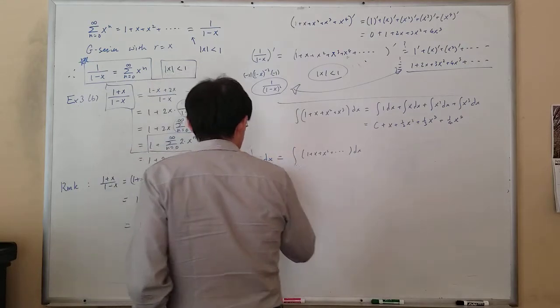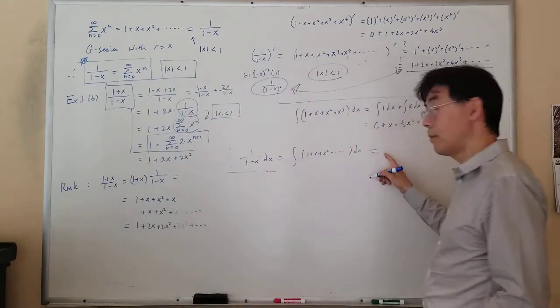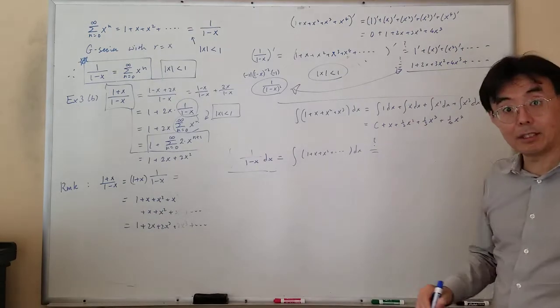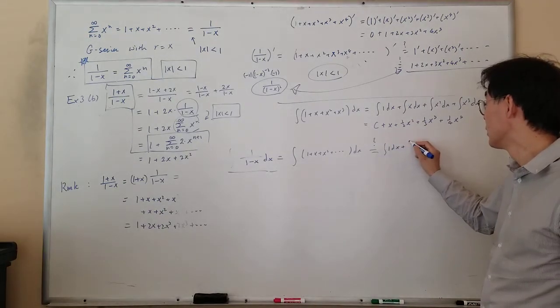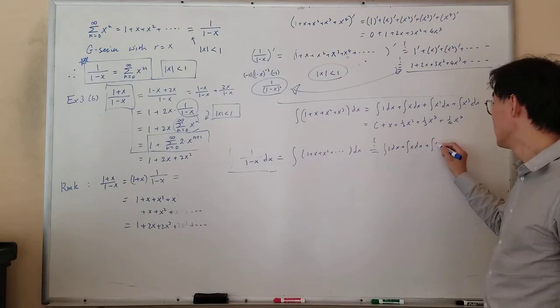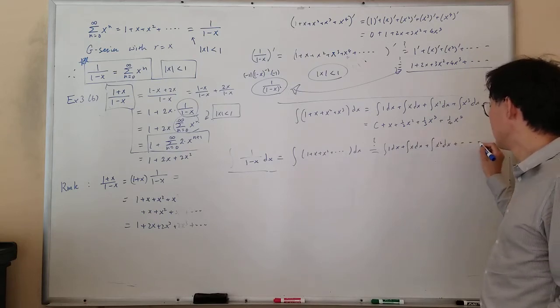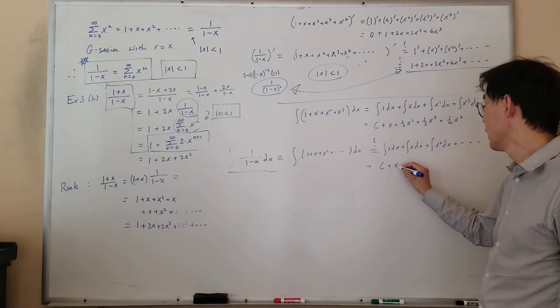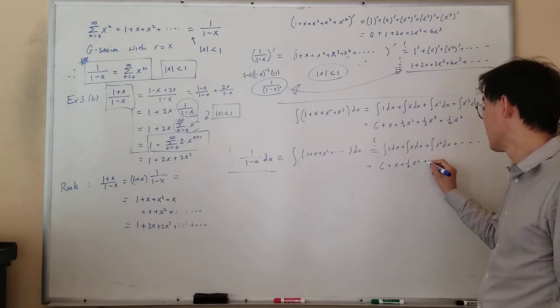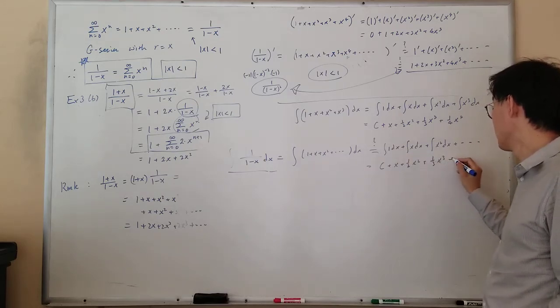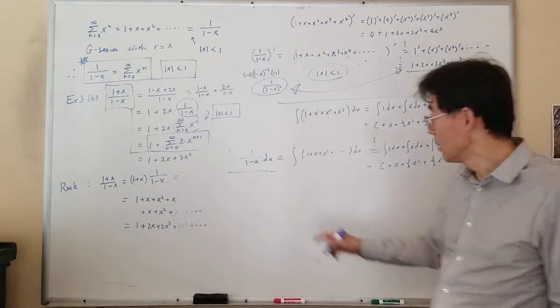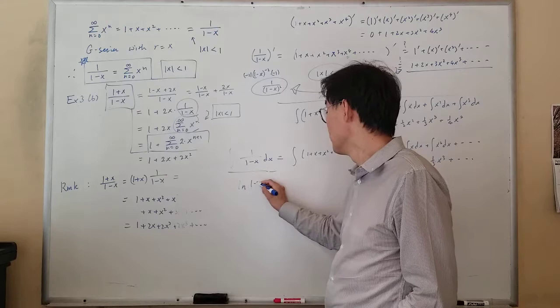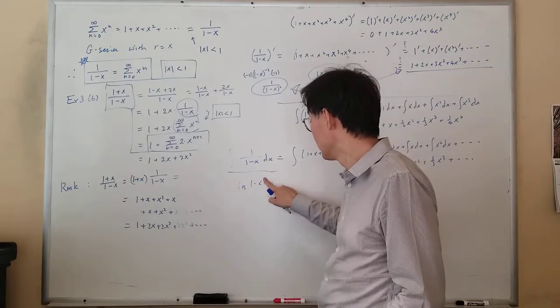Would it be obtained by term by term integration? Integrate 1 dx forever, c plus x plus 1/2 of x squared, 1/3 of x to the third forever, and the answer is yes. That would be ln of 1 minus x, right?